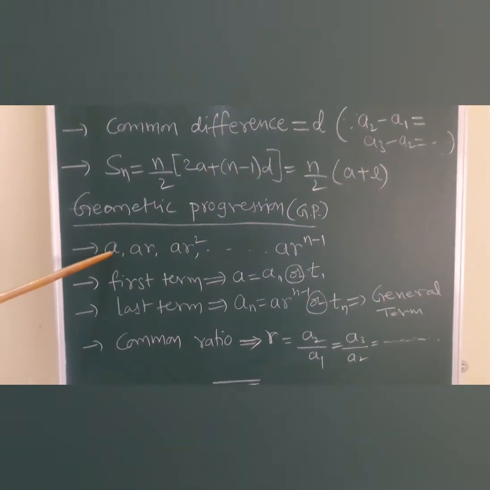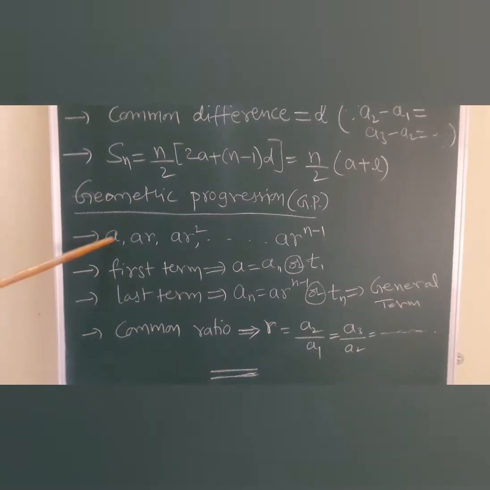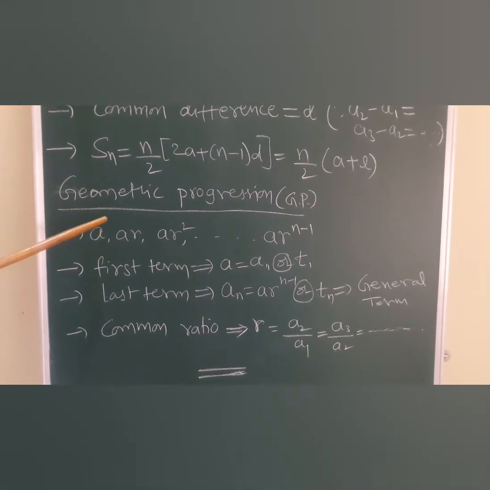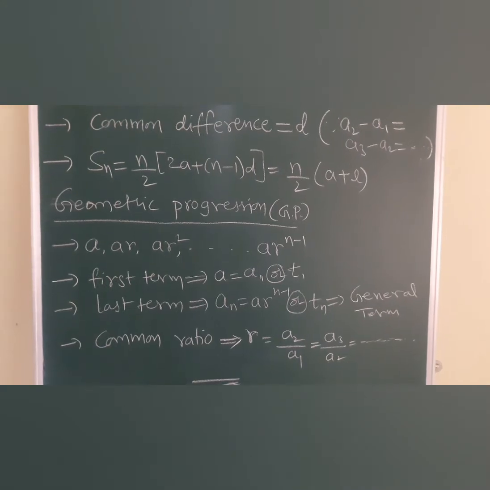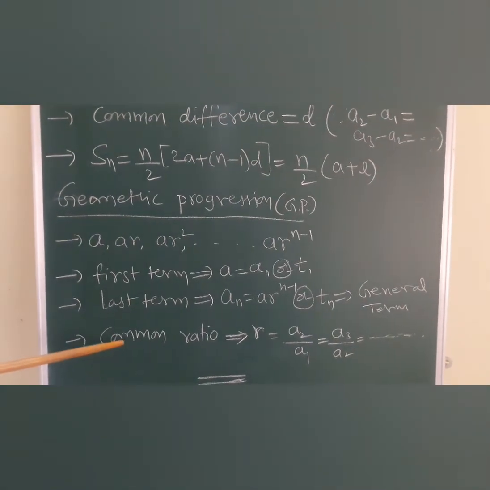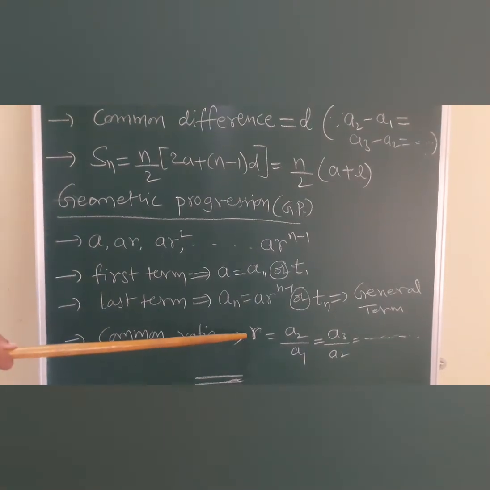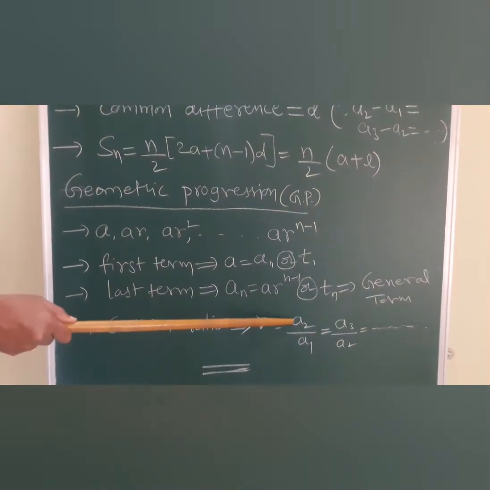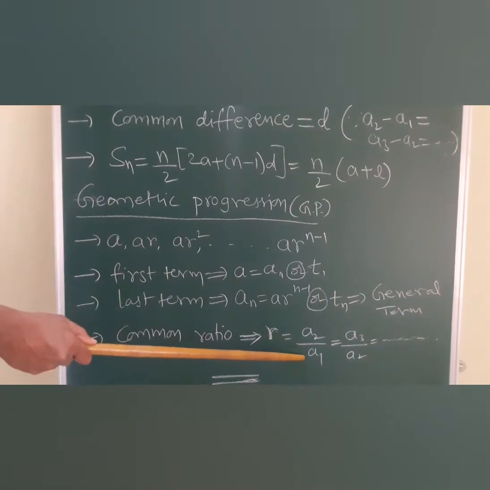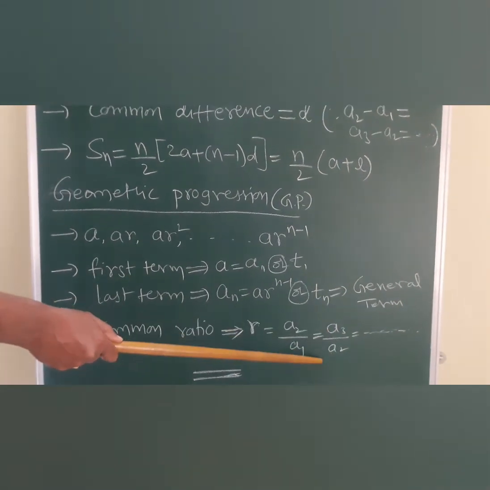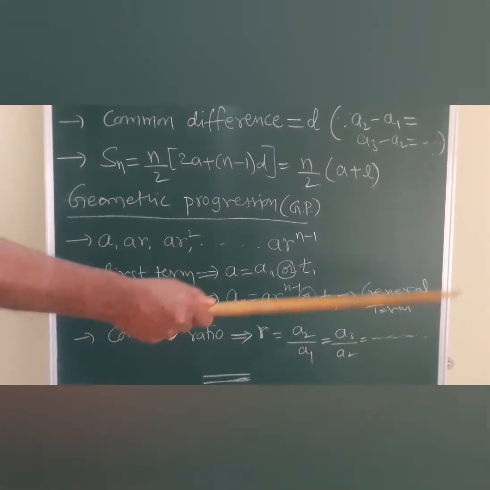Here in this progression, every term is multiplied with r. So that is called common ratio. Common ratio is r. That means a2 by a1 equals a3 by a2, and so on.